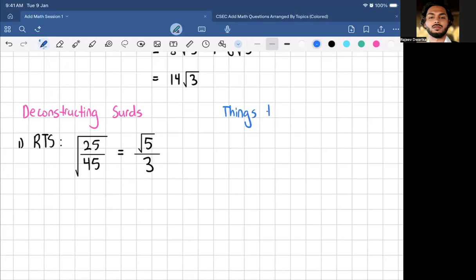Things to note. Equals. Sheena, you're looking at that 25 and saying, I know the square root of 25 is 5.